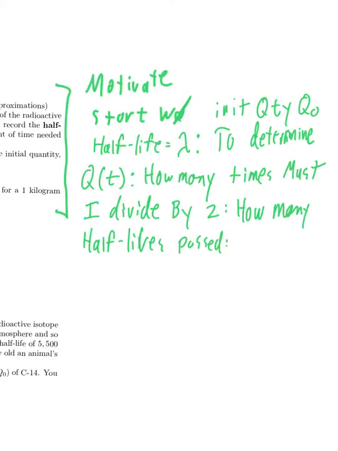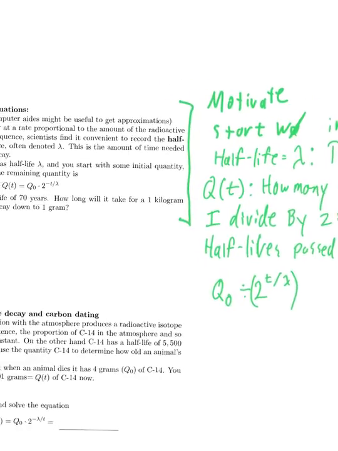You just need to know how many times the half-life goes into the amount of time you've waited. That's exactly t divided by lambda. So you need to divide by 2 t divided by lambda times. So you start with q0, and then you divide by 2 to the number of half-lives that have passed. And that's all it is. That's exactly what this formula says.